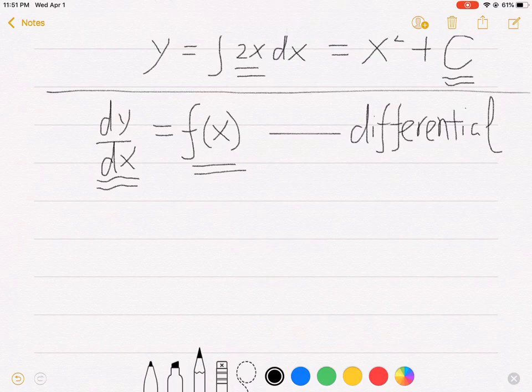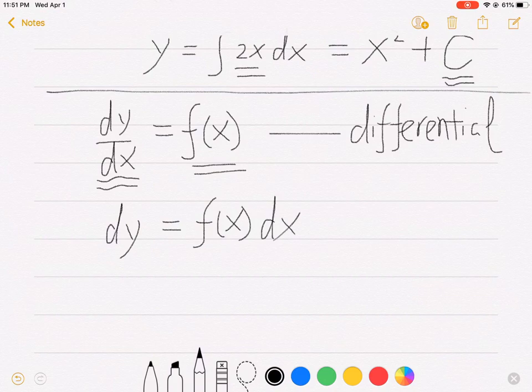So we multiply dx on both sides, then you will have dy equals f of x dx. Are you familiar with this form? This is called the differential form.